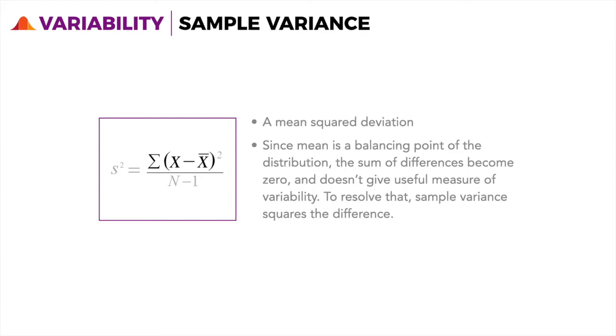If you recall the earlier example, 8 and 32, we found that the mean is 20, and the difference between these values and the mean is 12. But of course, we also know that when you add up all of these differences, it becomes 0. And so sample variance corrects that by adding the square.